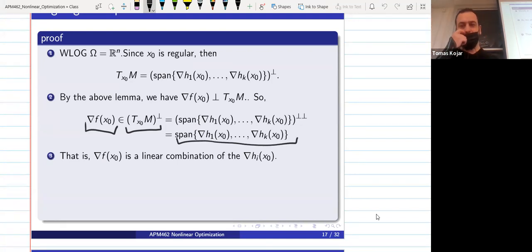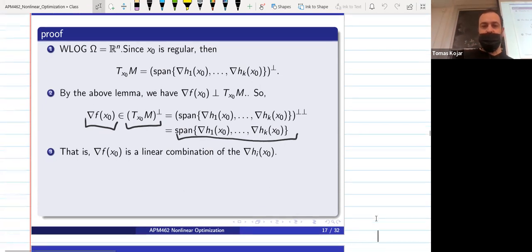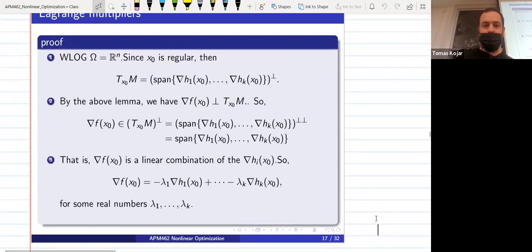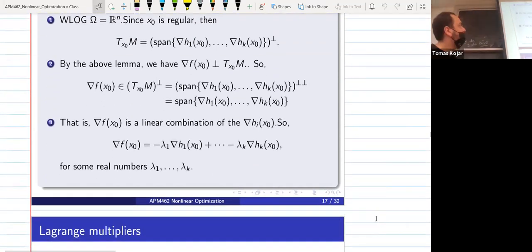Which is the picture that Abby also talked about in the beginning, that the gradient of f needs to be parallel to the constraints because of level set results. In other words, the gradient of f can be given by the linear combination of the gradients. And that's Lagrange multipliers for you.